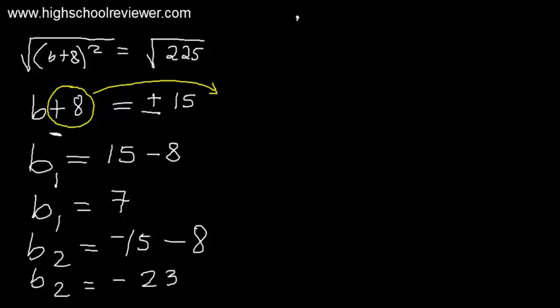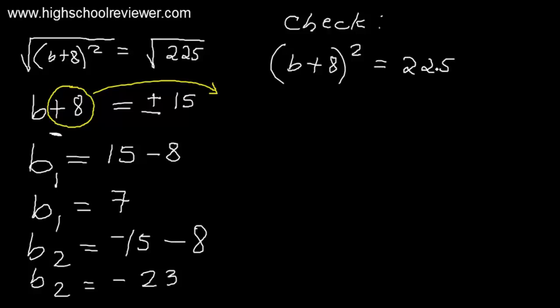And then let us check if our answers are correct. So our equation is b plus 8 raised to the power of 2 is equal to 225. So our first b, we have positive 7.